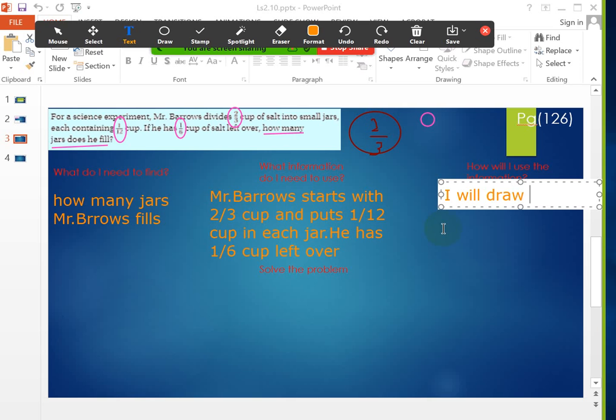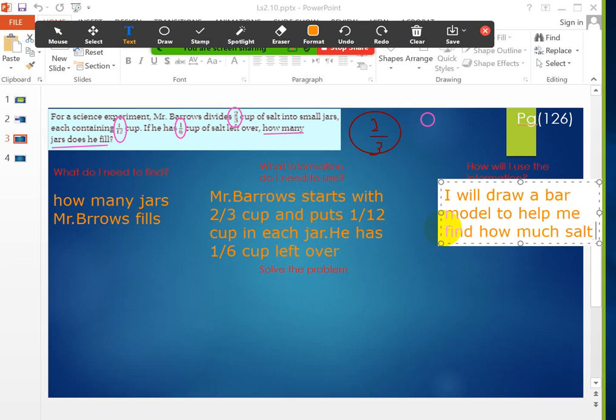I will draw a bar model to help me find how much salt he uses, and how many jars he fills.